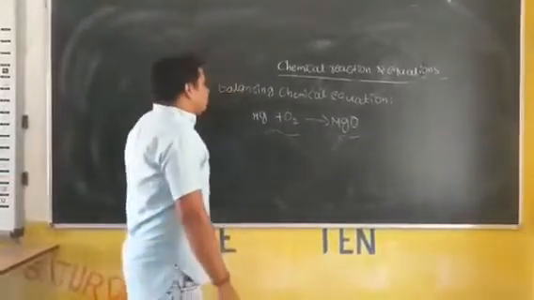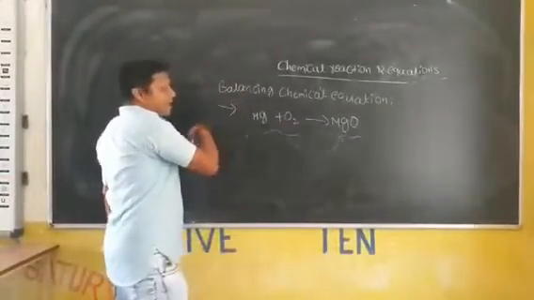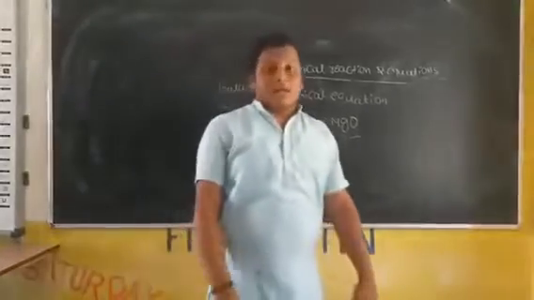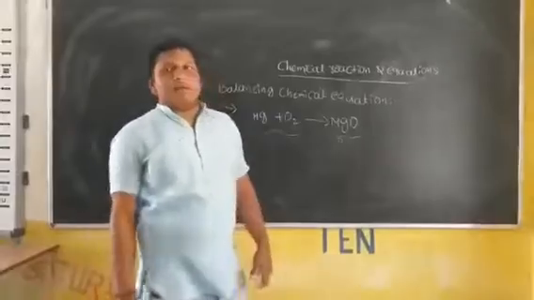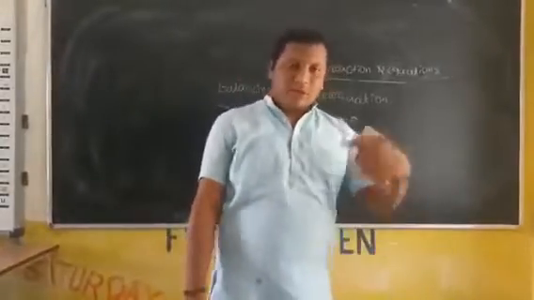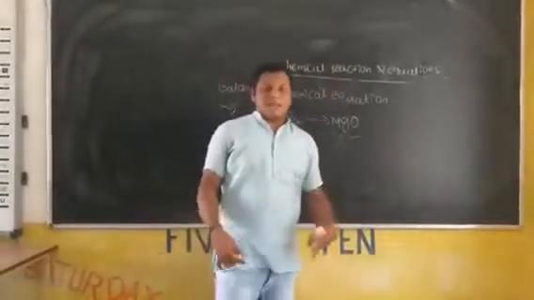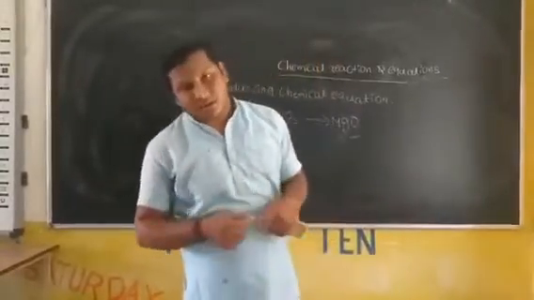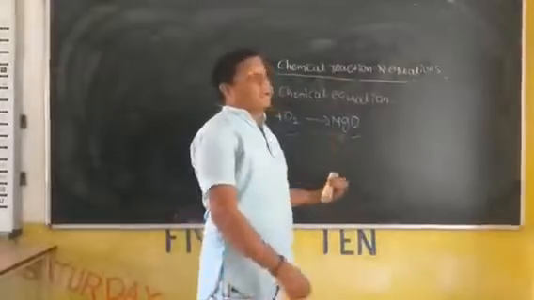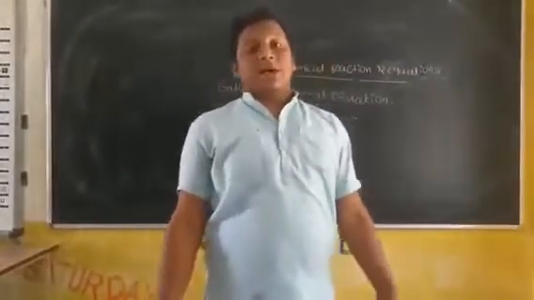Because of that, we call it an unbalanced chemical equation. Why is it unbalanced? Because it does not obey the law of conservation of mass. Because of that, you should balance the chemical equation to obey the law of conservation of mass. Now we will study how to balance chemical equations.